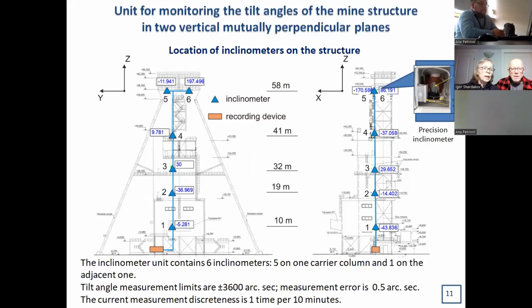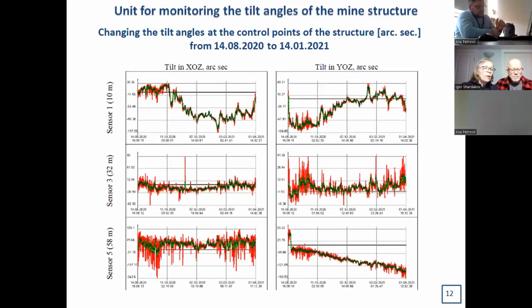Next group of slides shows the work of inclinometry unit. 8 inclinometers are placed at different heights. Here you see 5 months evolution of tilt angles on structural elements at different points.